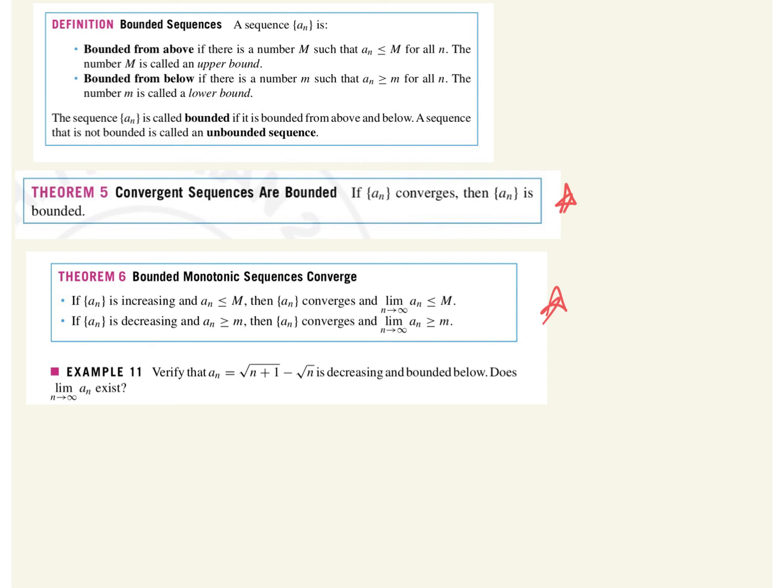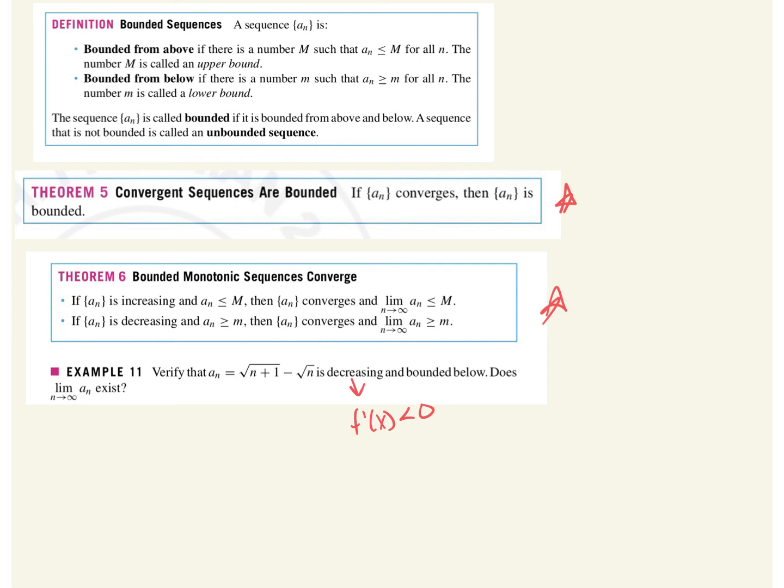So let's use example 11 to show this here. Verify that a sub n equaling square root of n plus 1 minus square root of n is decreasing and bounded below. Well, how do we show that a function is decreasing? We take a look at our first derivative test. We want to see, is that first derivative negative?